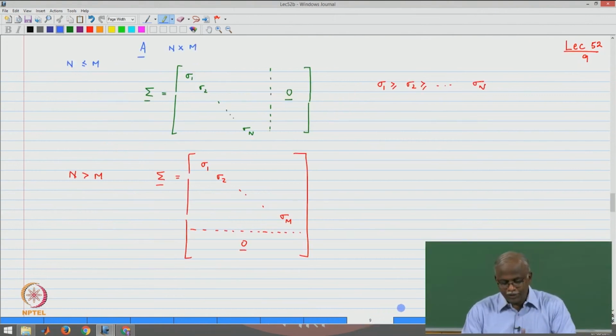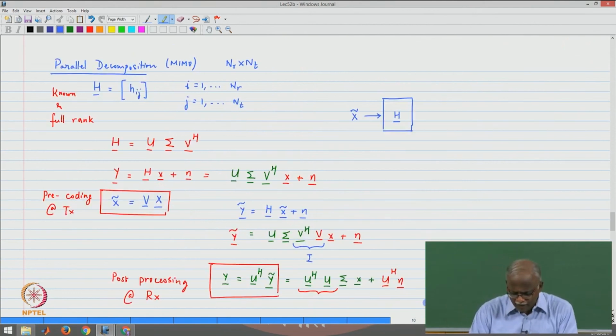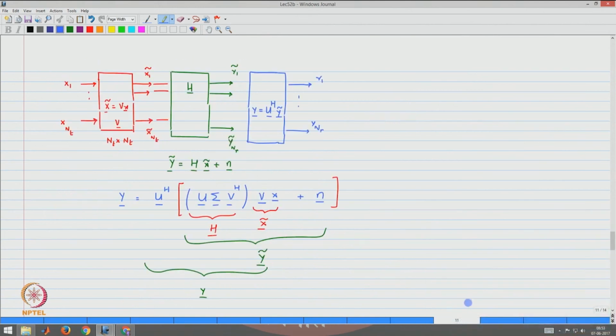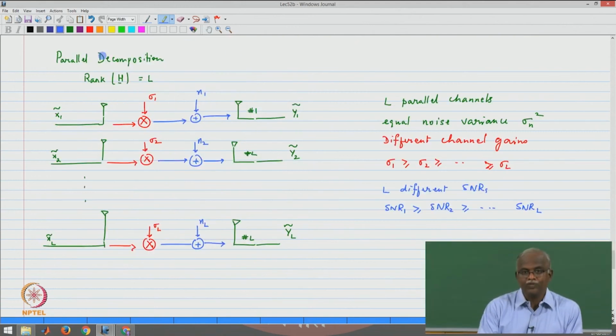Based on that, we showed what the structure of sigma would be depending upon whether you had the number of rows greater than the number of columns or vice versa. Then finally, we can write down the expressions and show that the SVD decomposition can be captured very nicely using matrix form or in terms of a parallel decomposition form.